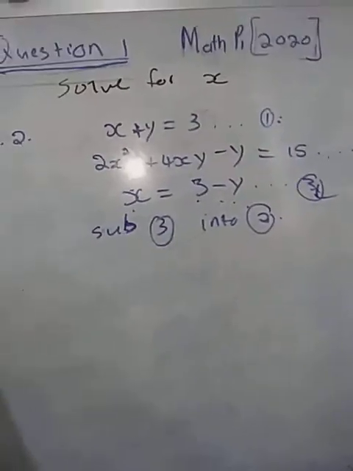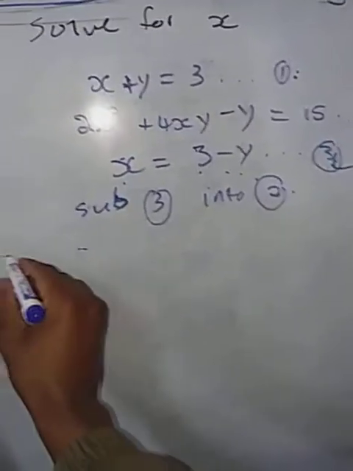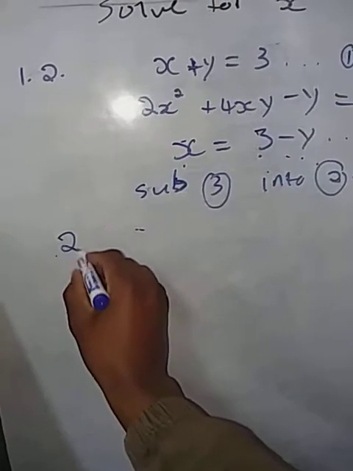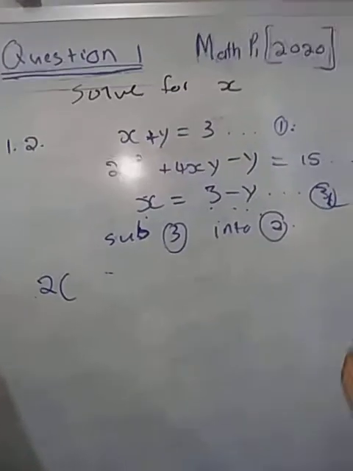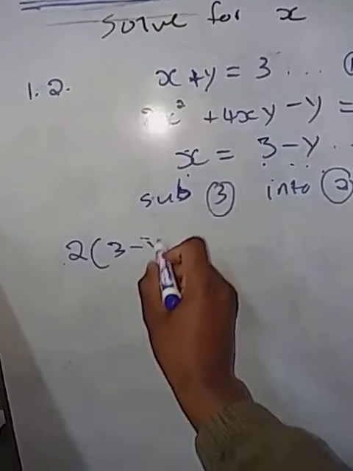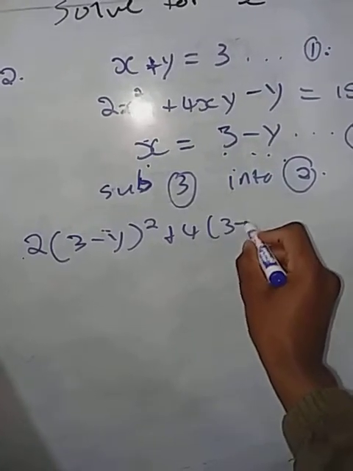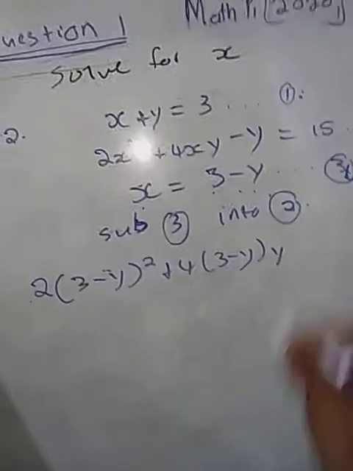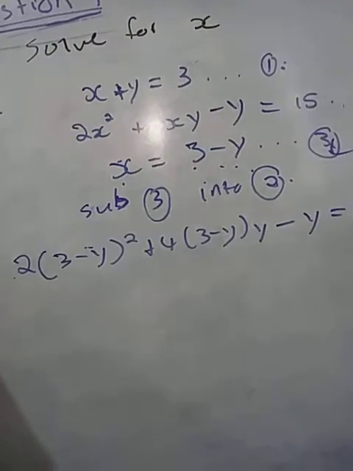Okay, let me start it here because it's going to be too long. Say 2 into, then wherever there is x in equation 2, you put 3 minus y: 3 minus y all squared, plus 4 into 3 minus y into y, minus y equals 15.